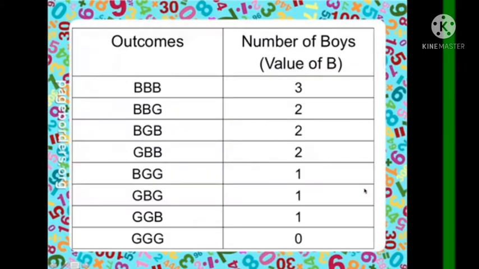So now, ang una natin gagawin is we will construct first the table. So if we will consider the outcomes, may possibility na makakabunot ako ng 3 boys sa aking random sampling na gagawin ko. Or possible na 2 boys muna, then girl. Or pwedeng boy muna, girl, tapos boy.